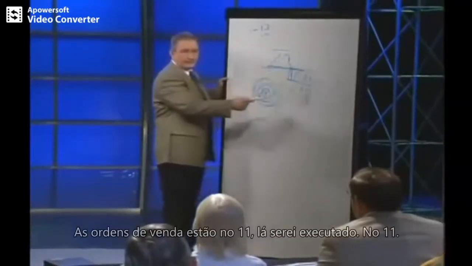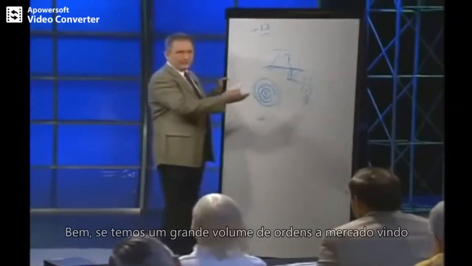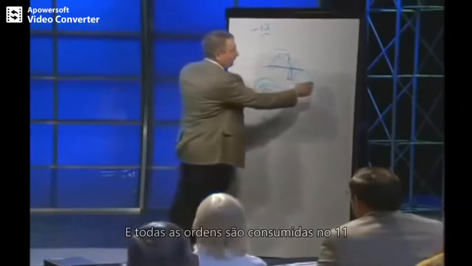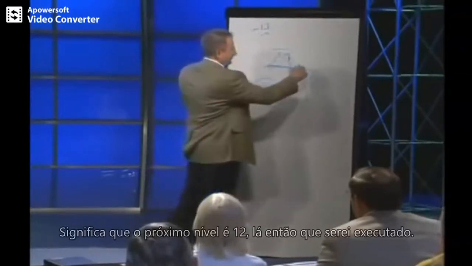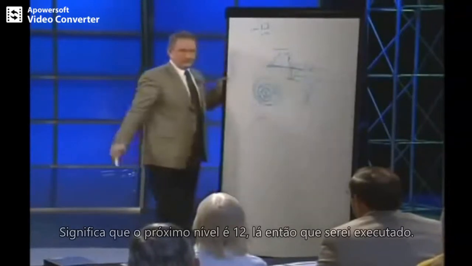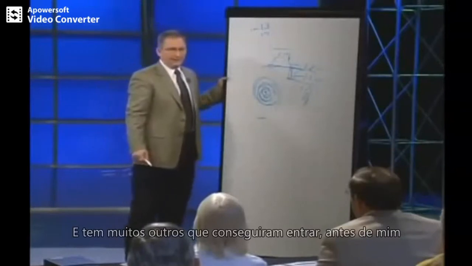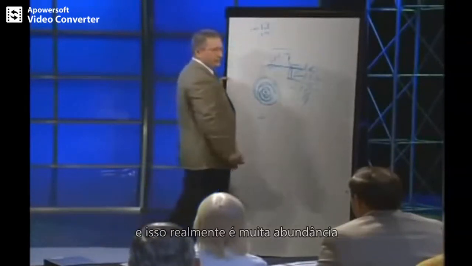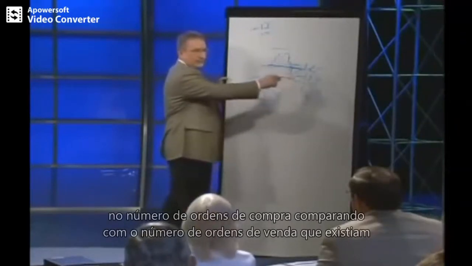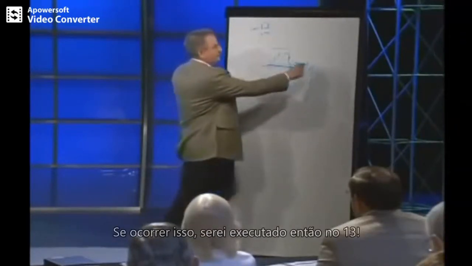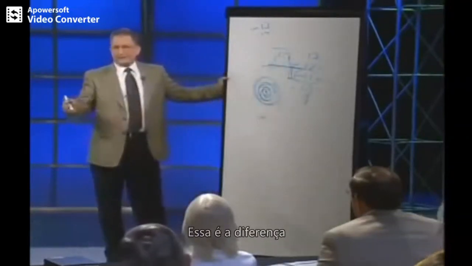Well, if there are so many market buy orders coming in that all the offers at 11 are taken out, then the next price up where there are offers is 12, and that's where I'm going to get filled. And if there's a real overabundance of buy orders in relationship to the number of offers that exist, then I might get filled at 13, because that's the market.